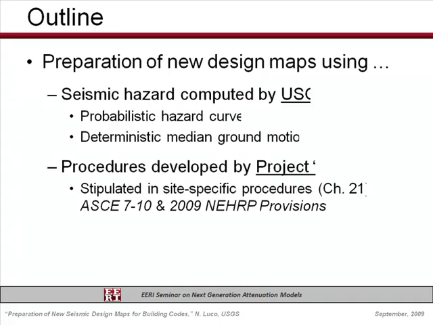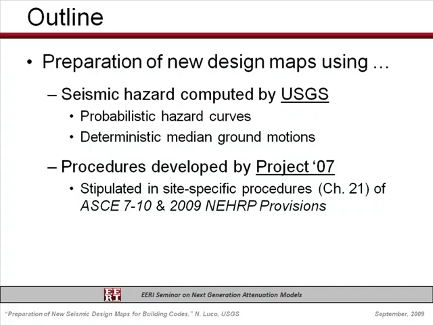Again, the preparation of the new seismic design maps is a combination of two components: the hazard computed by the USGS, and by that I mean the probabilistic hazard curves that Yusuf explained at the beginning, and I'll show some more of those, the deterministic ground motion calculations that Mark Peterson talked about, and then the procedures that are developed by Project 07.